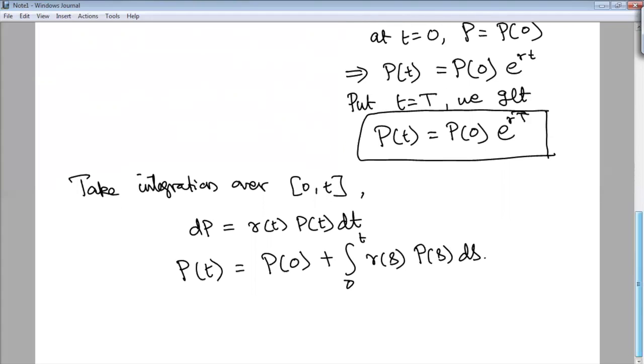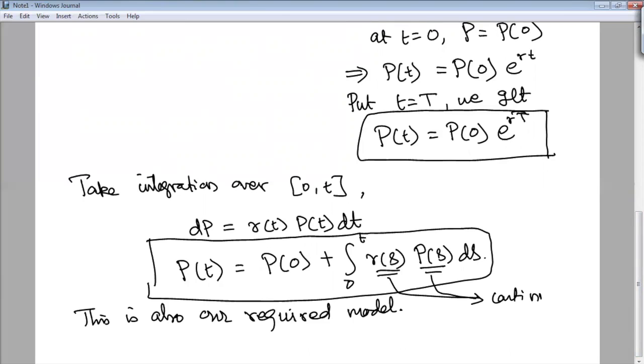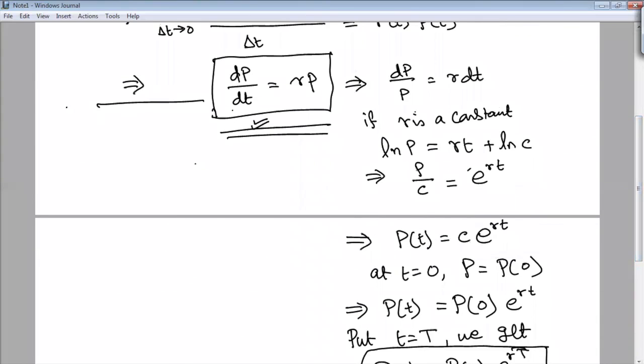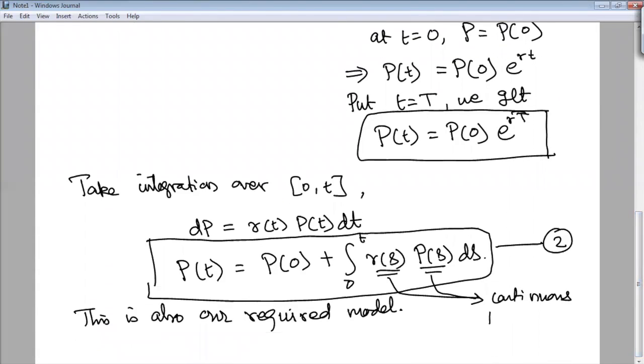Okay, which is also a model, which is basically an integral equation. This is also our required model. We can see that if R and P both are continuous, let's call this as 2 and call this as 1, then 1 and 2 are equivalent.